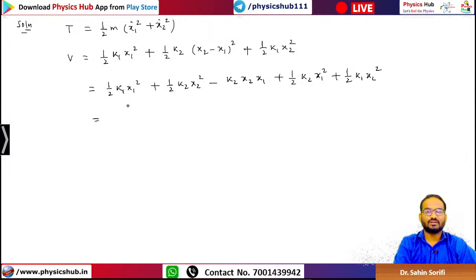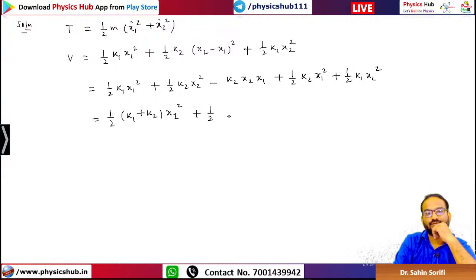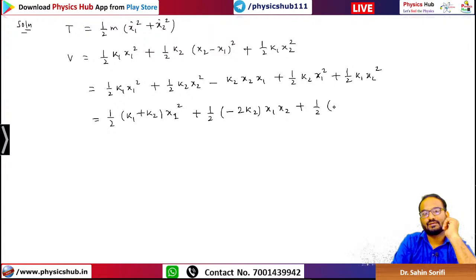So you can take x1 square common, half times, you see here k1 x1 square and here also k2 x1 square, minus, so plus half times minus 2 k2 x1 x2 plus half times minus 2 k2 x2 x1.